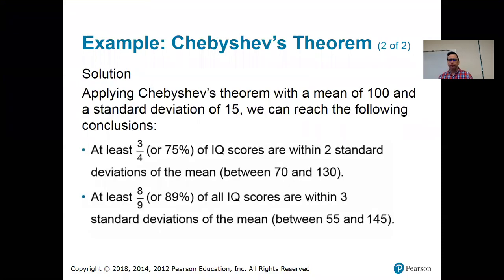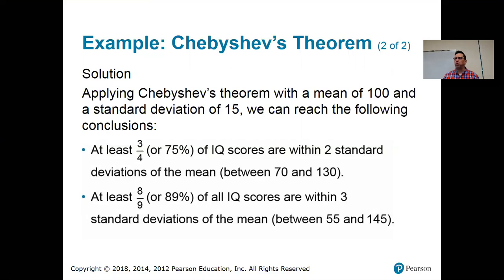Well, again, using k equals 2, k equals 3, you can reach these conclusions. At least 3/4 or 75% of your IQ scores would be within 2 standard deviations of the mean. And if your mean is 100 and your standard deviation is 15, that turns into between 70 and 130.